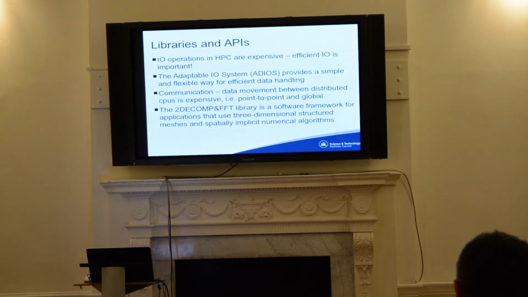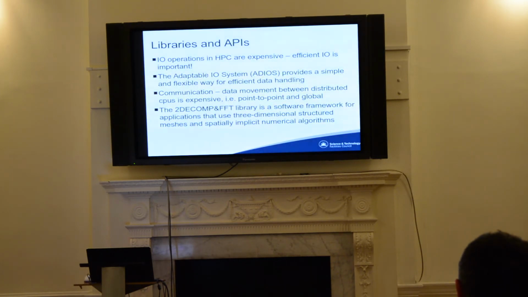But the problem generally happens when there are what are termed global communications or collective communications, and in those cases, every single CPU that's being used has to communicate, and sometimes it has to communicate with each other. So we're getting a very complicated graph of communication, and that is incredibly expensive. So to do that efficiently is very important.